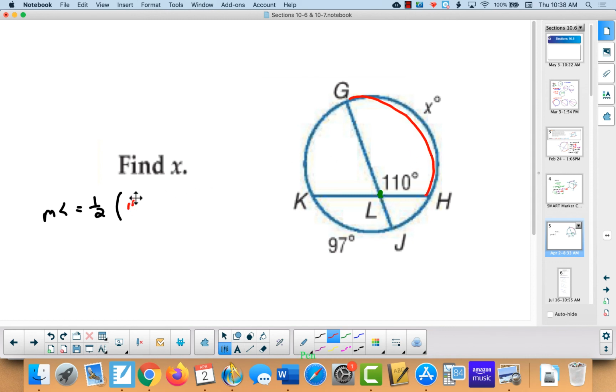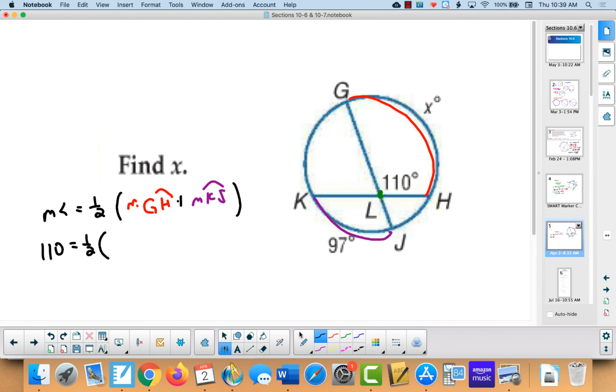GH and KJ. So the angle measure is 110. I can plug that in.